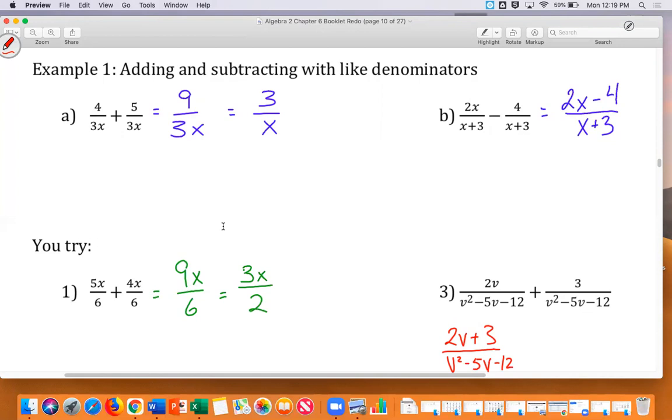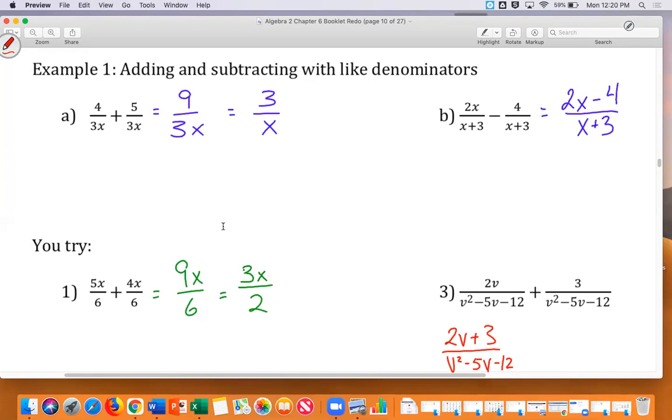Okay, but the question becomes this, and you're right, Julia, you're not wrong. We've been learning how to factor, right? And that denominator certainly looks like it can be factored. Agreed? Can I factor -12 to come up with -5? That's what you're going to have to ask yourself.